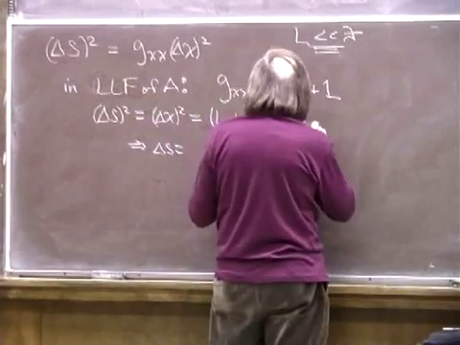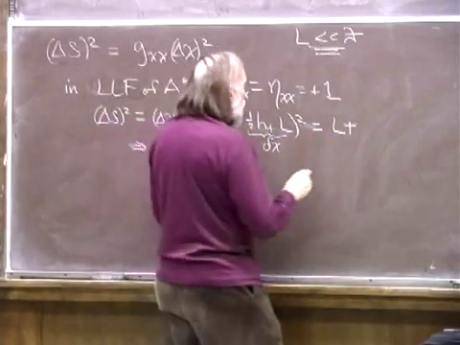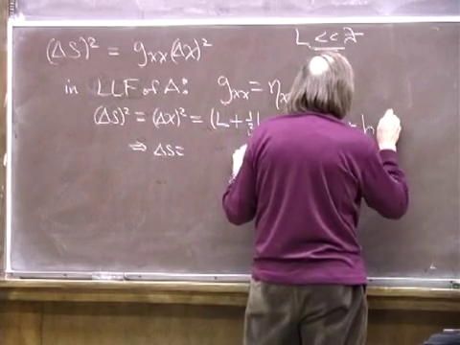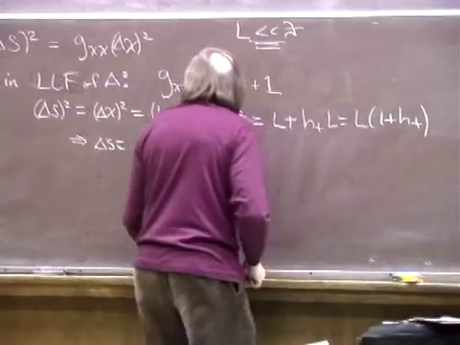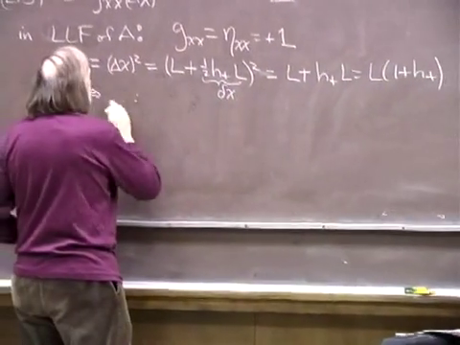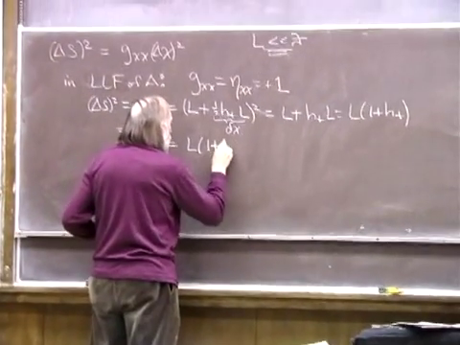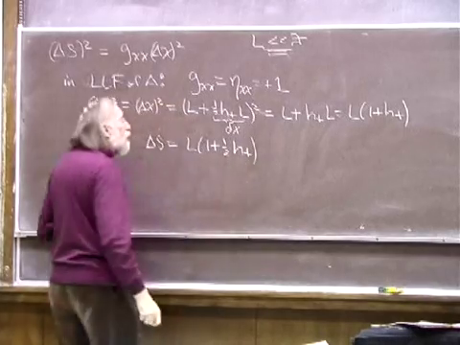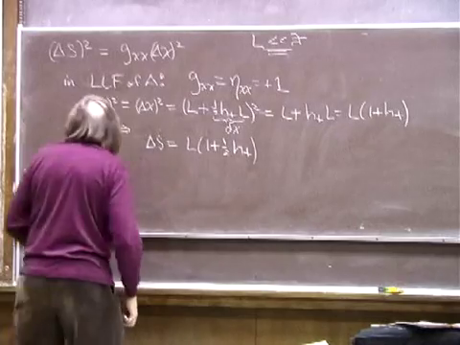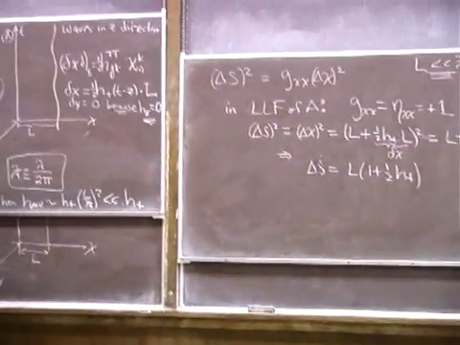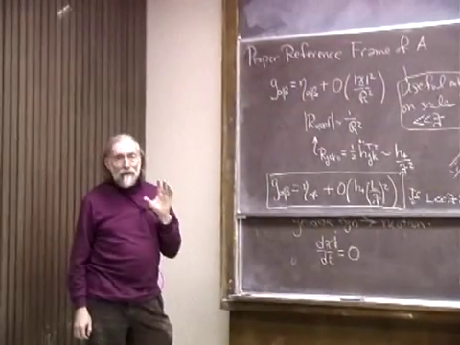So delta s squared, to first order in h, is L plus h plus times L, or L times 1 plus h plus. Taking the square root, delta s is equal to L times 1 plus 1/2 h plus. To put my ignoring of quadratic terms in context, remember that h is of order 10 to the minus 21, so h squared is of order 10 to the minus 42, and we can ignore it.